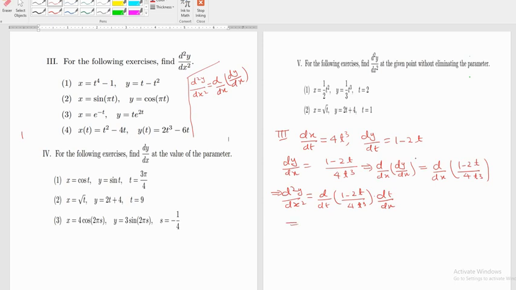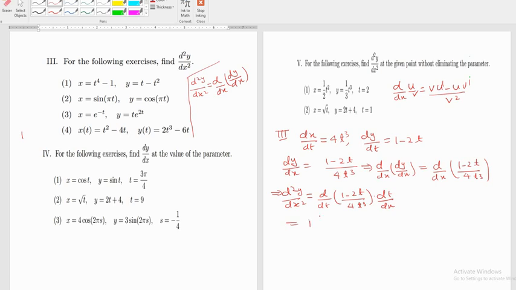So differentiate this one by using the u by v method. d dx of u by v is v u dash minus u v dash divided by v square. So just keep it like that. So this is v and this is u.